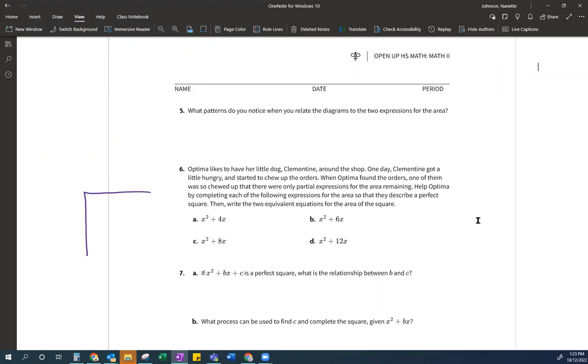And then here's my x squared. And then here's my 2 x's that you said here. And here's my 2 x's that you said here. Oops, those don't look very xy, but that's okay. So 2x, right? So my question is how many ones are going to go here? How many ones are going to go there?